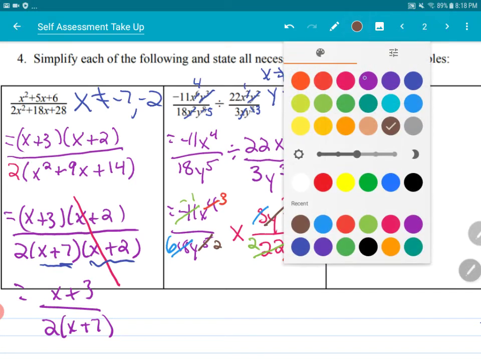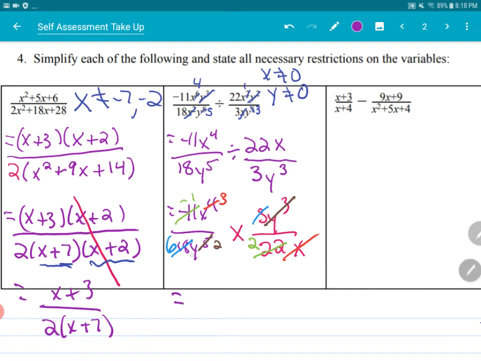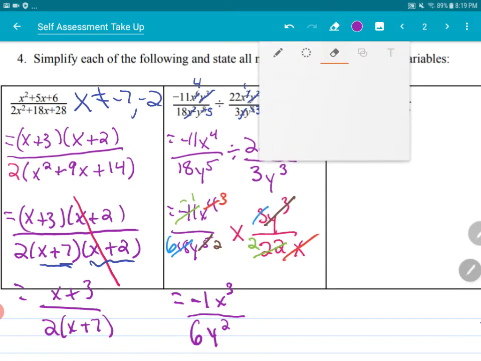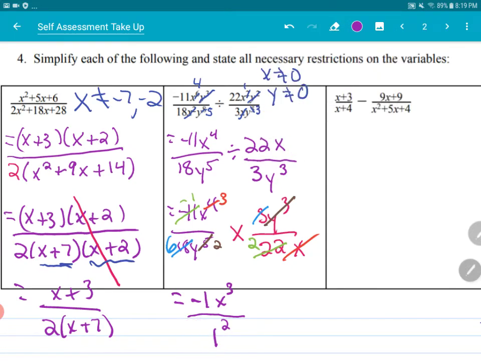This looks like a mess now, but let's put it all together nicely. So at the top we have the -1, x to the 3, times these all canceled out, so that's just 1. And in our denominator here, we're still left over with a 6. There's a y squared. And there's also a 2 here, so 6 times 2, why don't we make that a 12 right away?